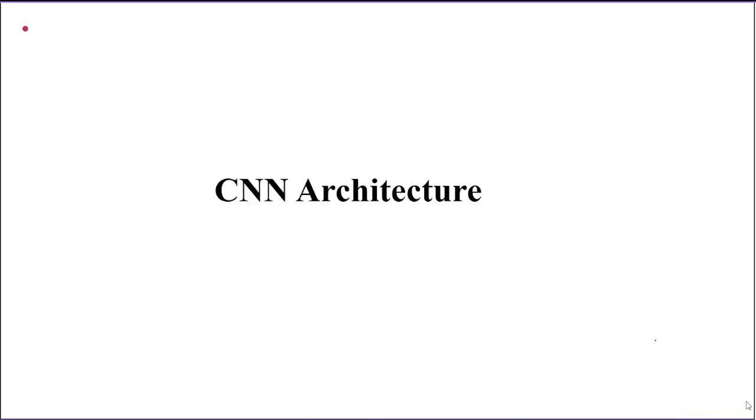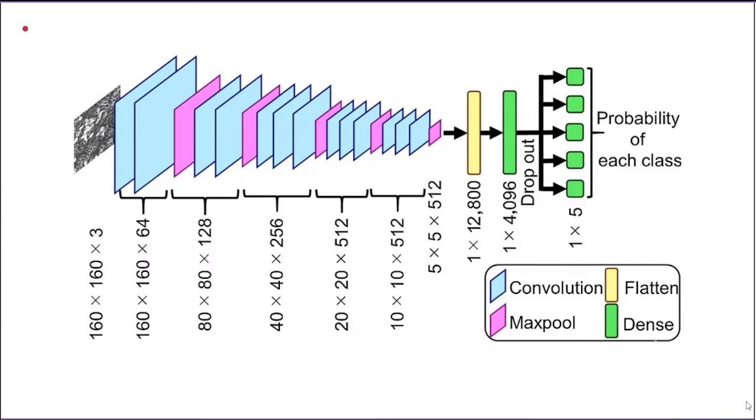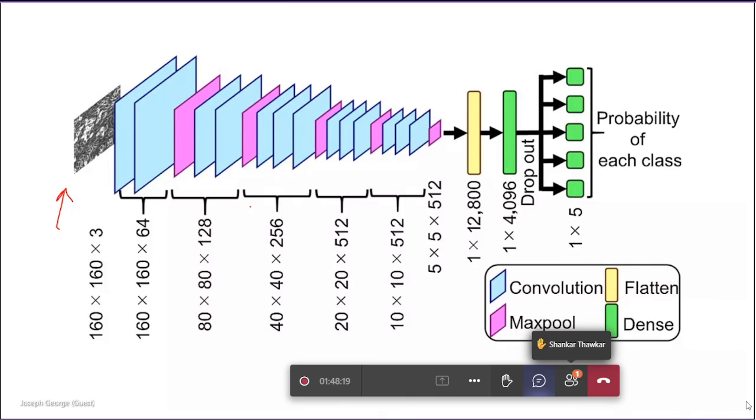With this concept, if you look at this CNN architecture, it will be very clear. You are giving an input, and then you are performing operations. Here, blue represents convolution operation, violet represents max pool, green represents dense, and yellow represents flatten.